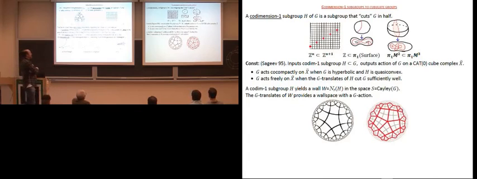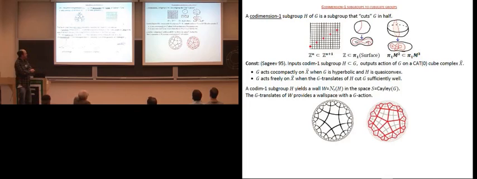Okay, so now I told you that codimension 1 subgroups are subgroups that cut the group in half, and now I'll just say it again with some examples. Here's a cyclic subgroup inside of Z squared. You're thinking of its Cayley graph, and the cyclic subgroup is some nicely patterned subset in the Cayley graph.